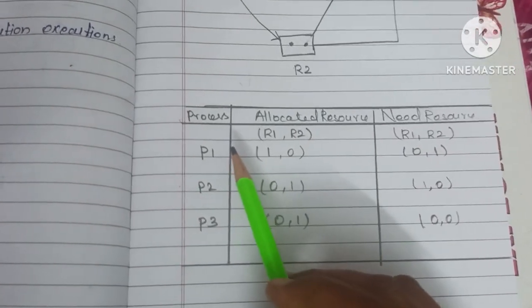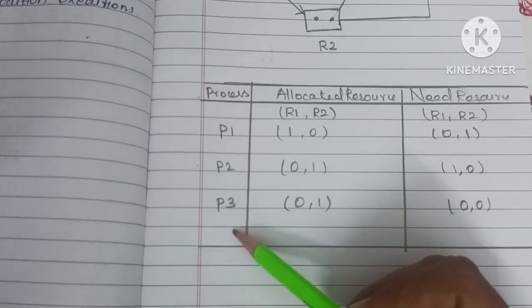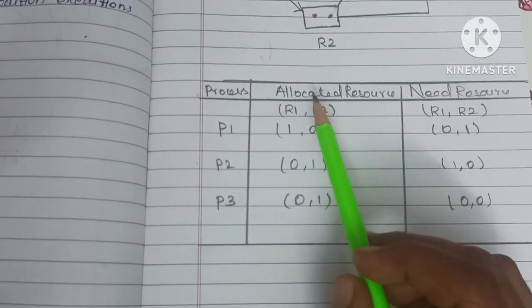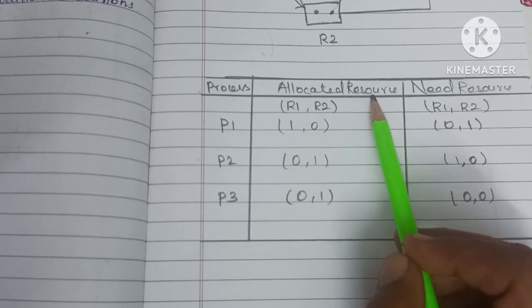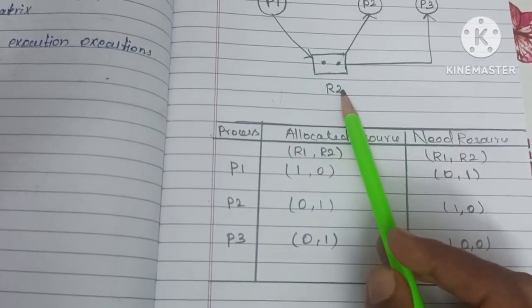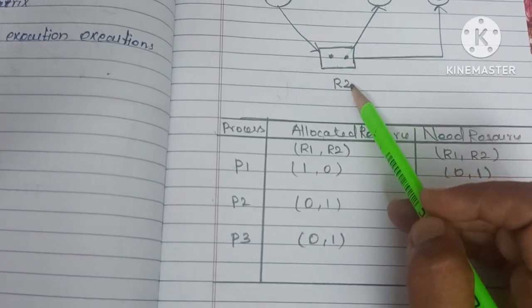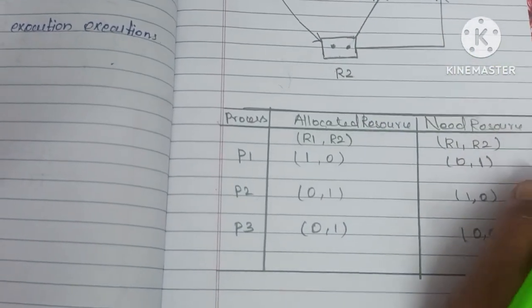So let's consider our three processes P1, P2 and P3. For that we have to calculate the allocated resources. We already have two resources R1 and R2. R1 is a single instance resource, R2 is a multiple instance resource.